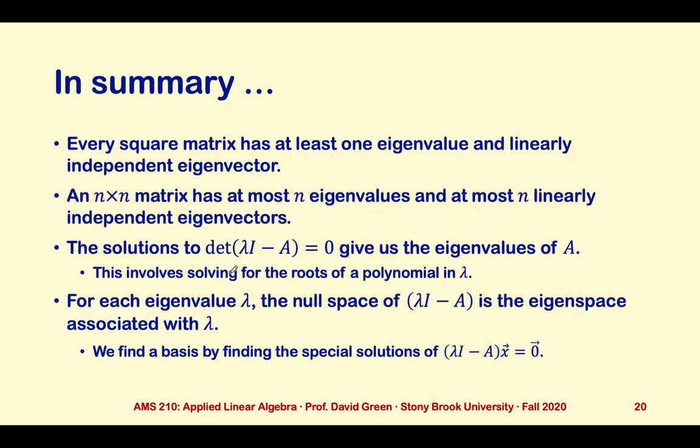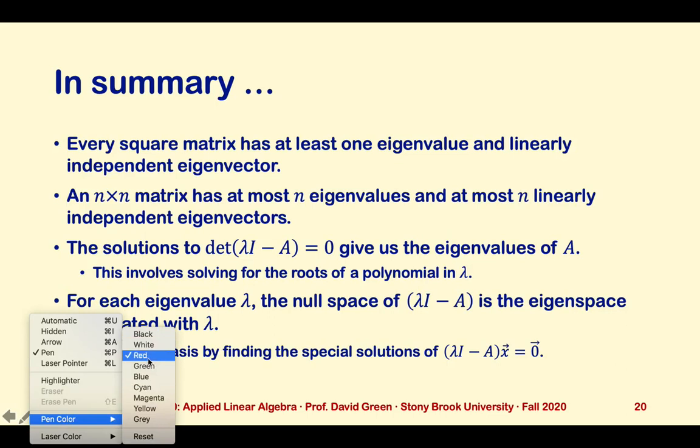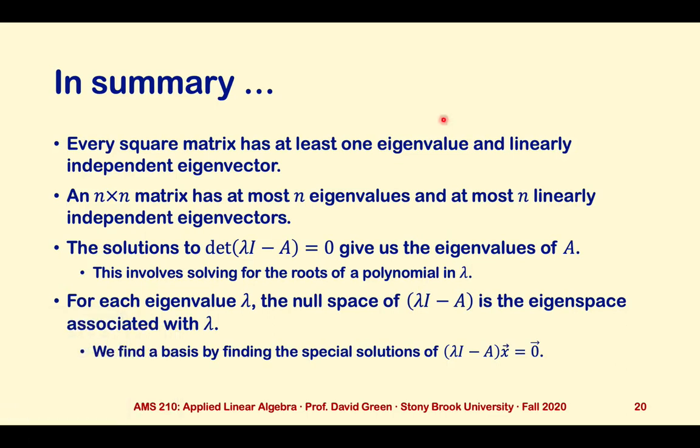All right. In summary, what have we seen? We've seen that every square matrix has to have at least one eigenvalue and one linearly independent eigenvector.